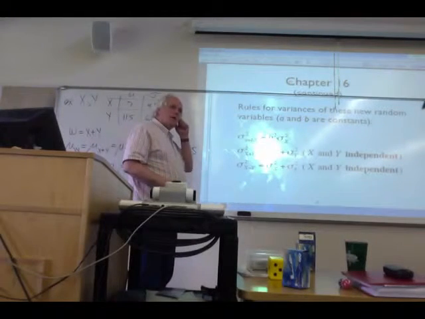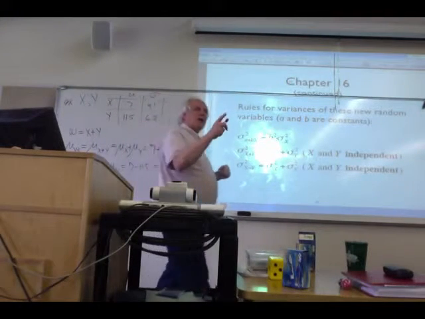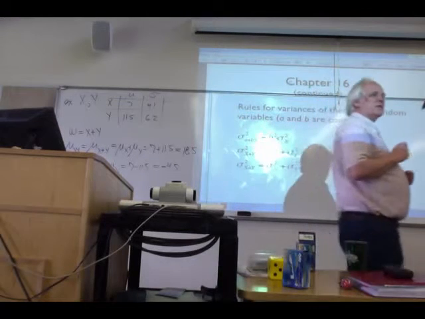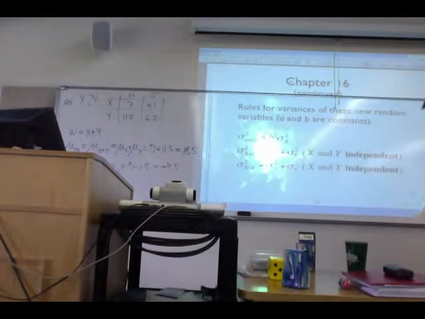Why is your a? It does not influence the variance. That's the punchline here. If you add the same number to all your numbers, the variance is not going to change. But b will affect the variance because you're scaling some value.